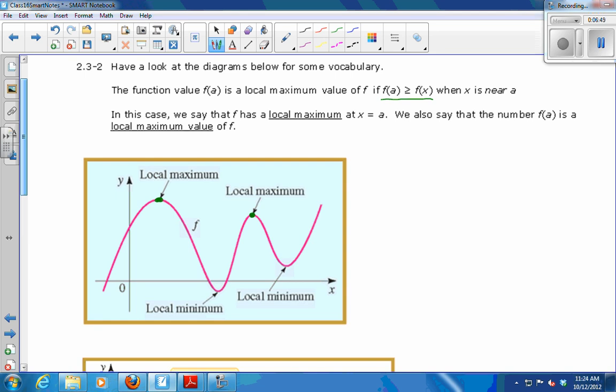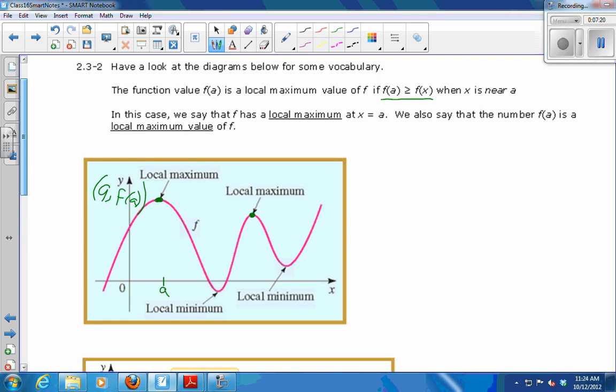Any local maximum has 2 points, 2 coordinates, right? The coordinates of this point would be a, comma, f of a, right? So there are 2 pieces of information for any given local maximum. When you're asked a question about finding a local maximum, you have to be very careful about reading what they ask for. If they ask for the maximum value of the function, they're asking for f of a, because f of a is a value of the function.